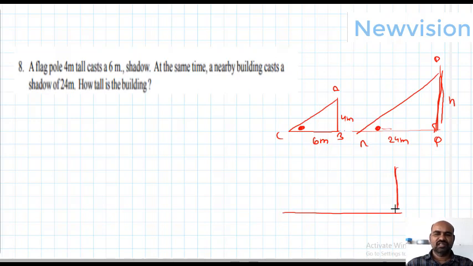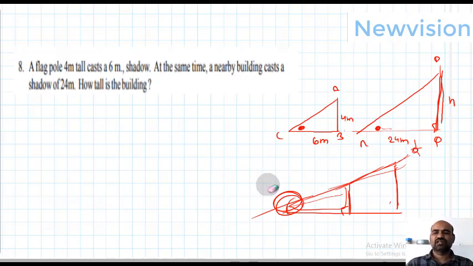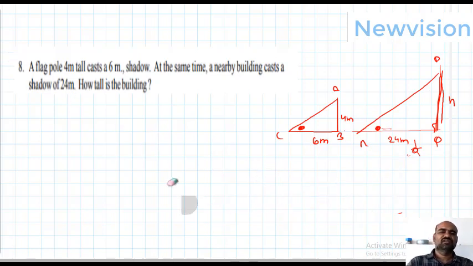So this is the building, this is the light source, and this is one of the light rays. In this bigger triangle, this angle is common and 90, 90. So when those two triangles are separated, you get this diagram. That's why these two angles are the same.